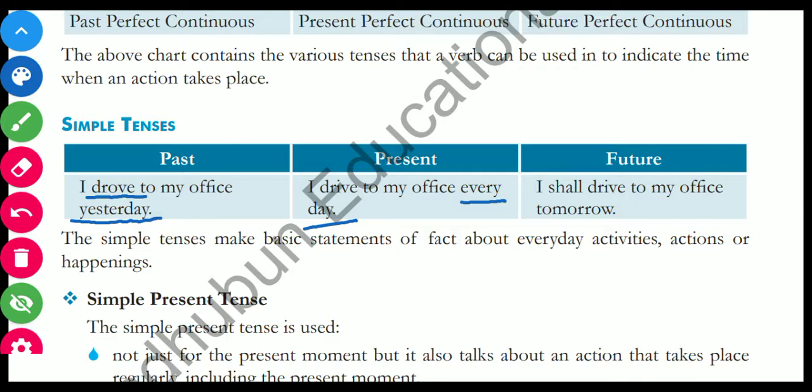We are talking about the current timing. And the verb drive shows the verb is in present tense. In future, the word tomorrow itself shows that the day is going to come. The action is going to be performed the next day. It has not been done, it is not going on, but will be happening. So that is your future tense. This is how you recognize whether the sentence is in past, present or future.